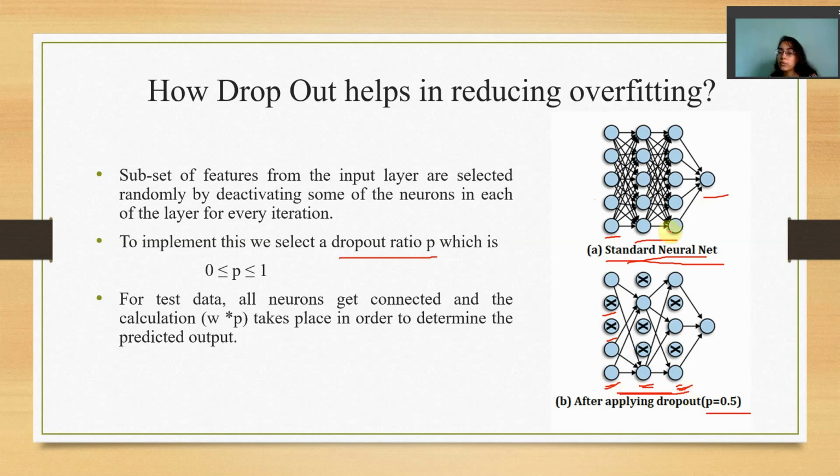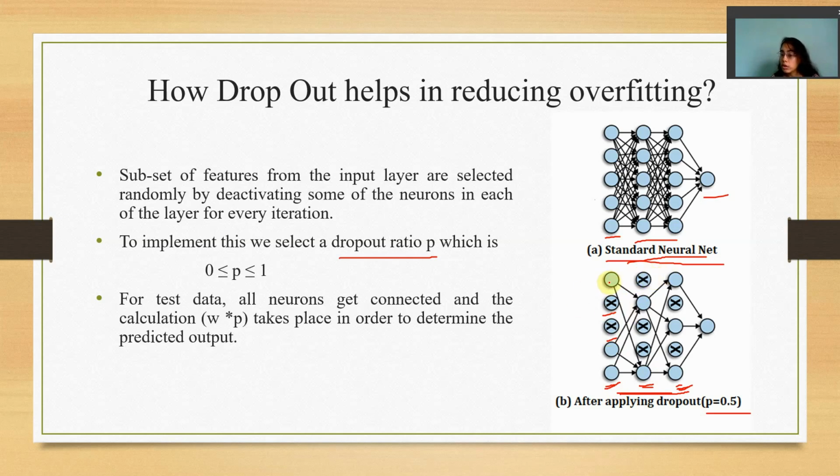Now one thing you can see here is that the neurons which are deactivated are not connected to any other neurons. The second neuron in the input layer is not connected to any other neurons. Again, the third neuron in the input layer is not connected to any other neurons, so it is deactivated. Again, the first neuron in the second hidden layer is not connected to any other neurons.